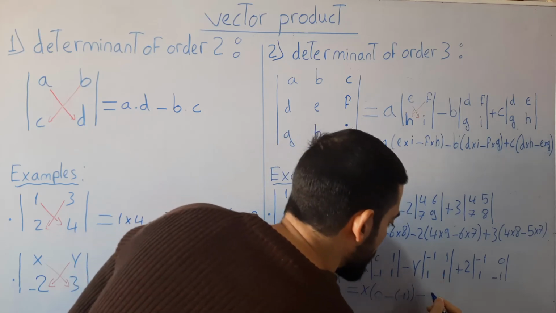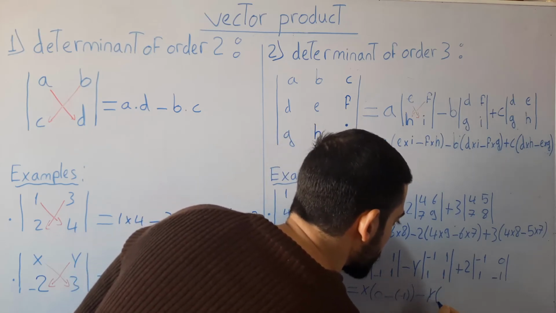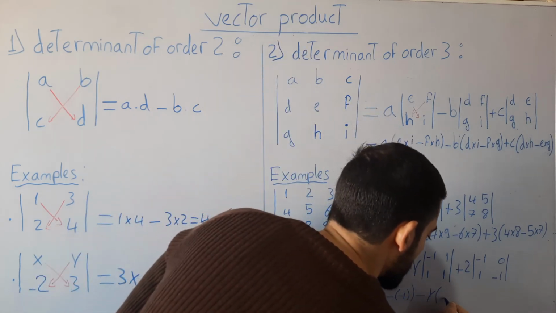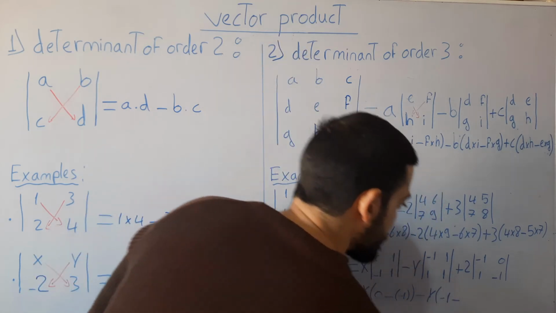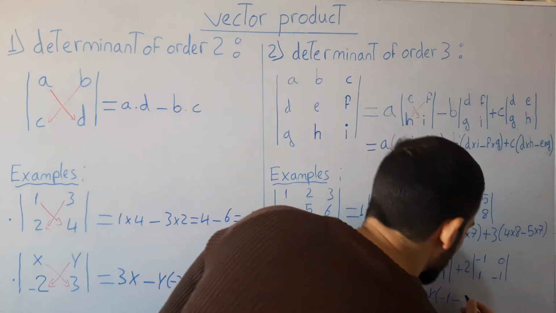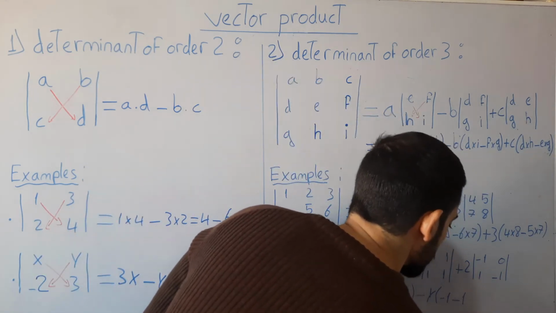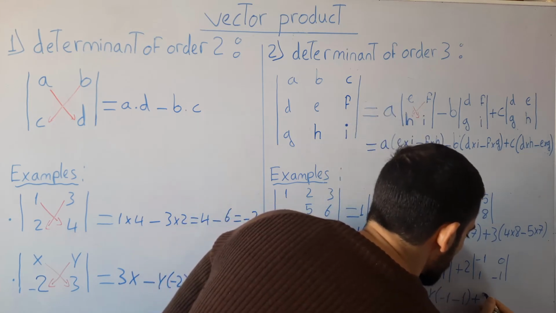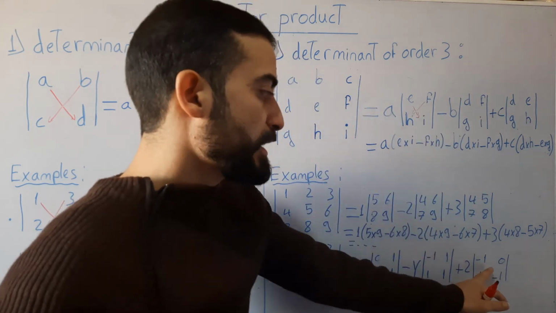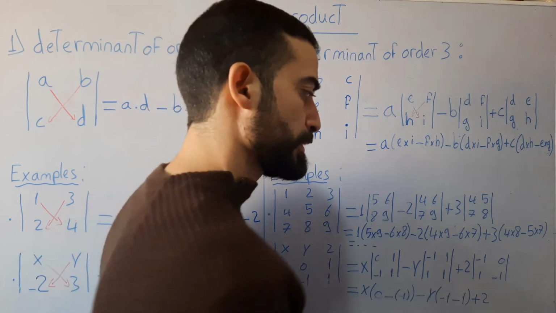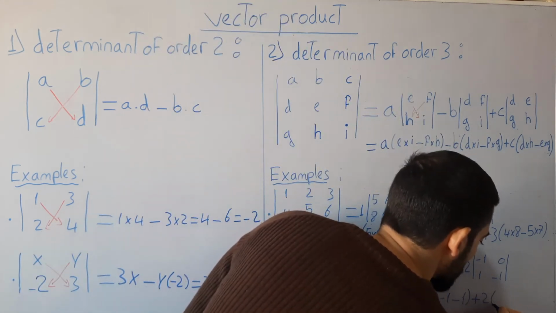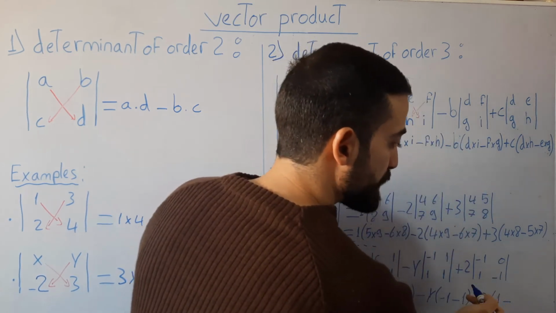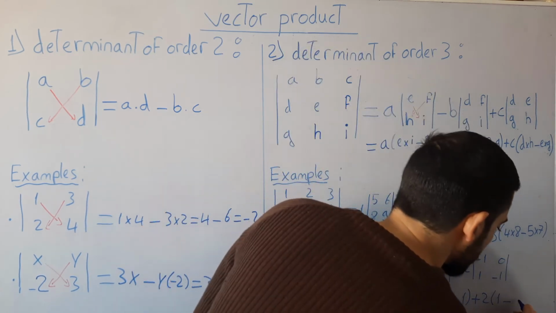Minus y times minus 1 times 1 equal minus 1, minus 1 times 1 equal 1. Plus 2 times minus 1 multiplied by minus 1 equal plus 1, so plus 1, minus 0 times 1, 0 multiplied by 1 equals 0.